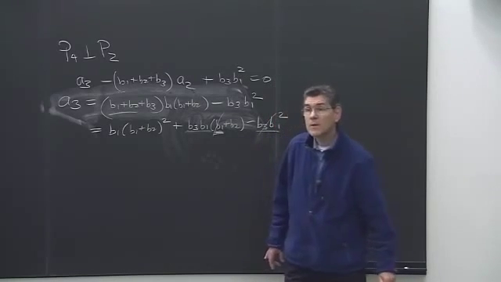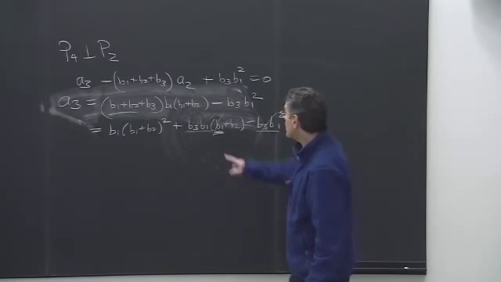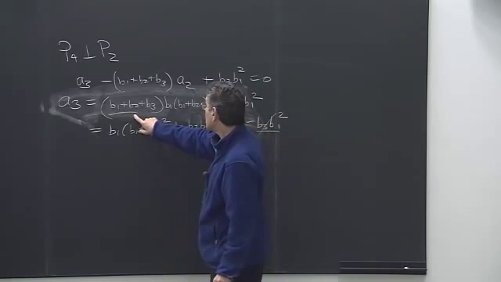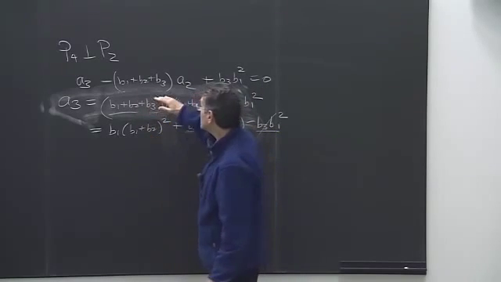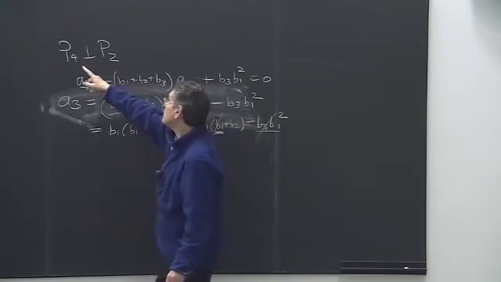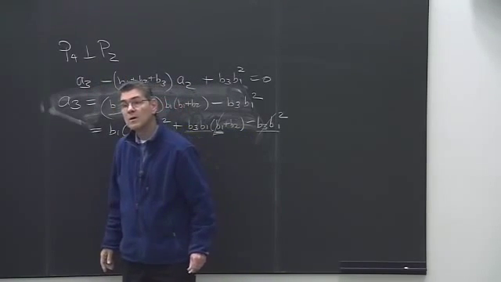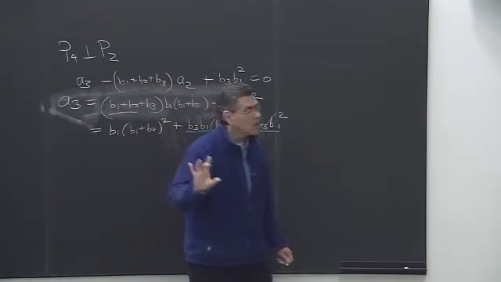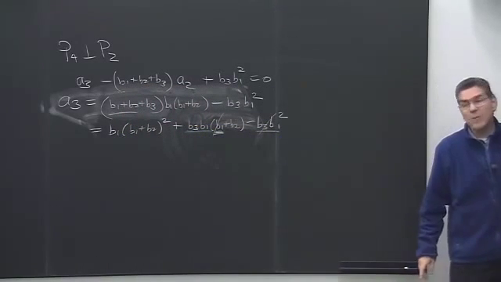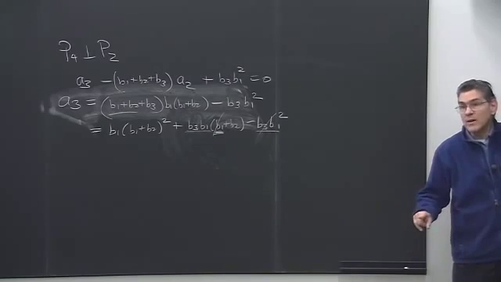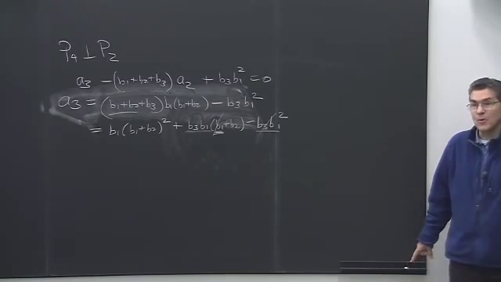Yeah? Sorry? P2 times P4. Yes, as I explained to you, we have already multiplied by a constant and integrated, and we automatically got 0.